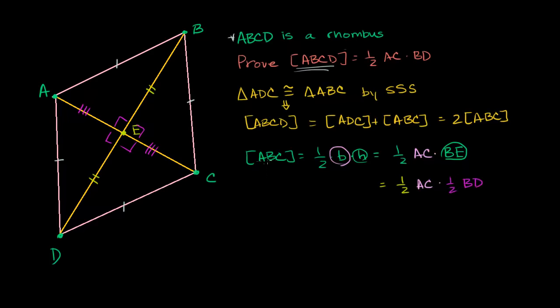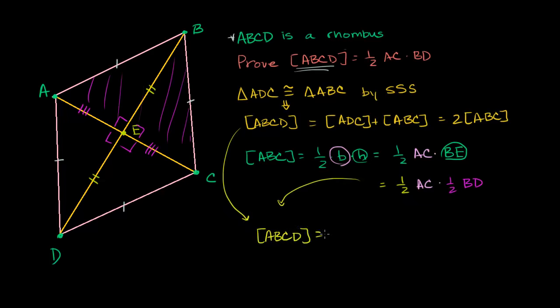So that's the area of just ABC. That's just the area of this larger triangle right up there, half of the rhombus. But we just said that the area of the whole thing is 2 times that. So if we use both this information and this information right over here, the area of ABCD is going to be equal to 2 times the area of ABC, but the area of ABC is this thing right over here.